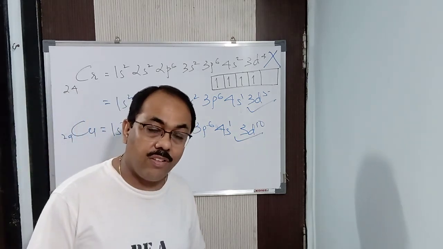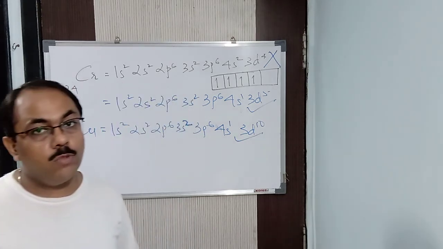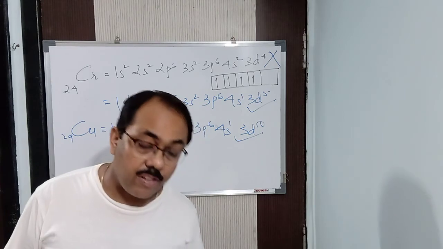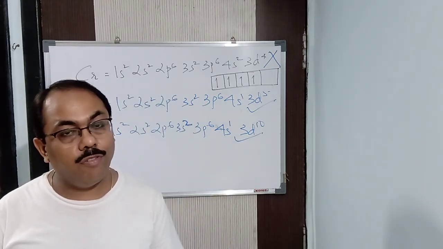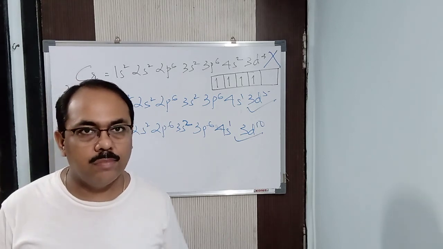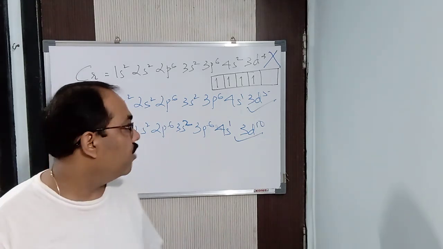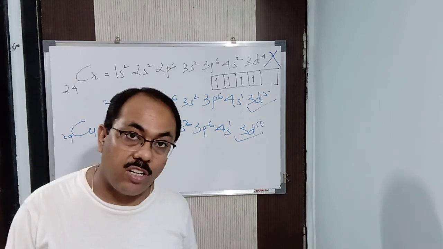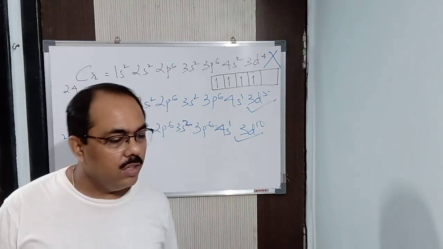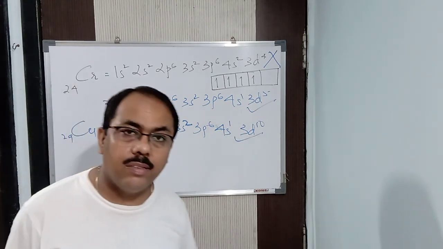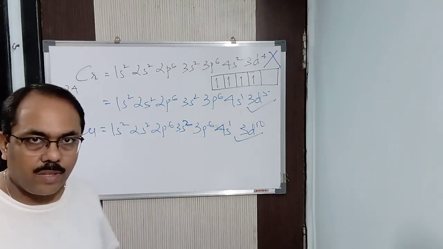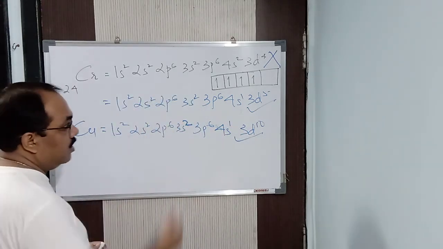So there are several such elements. When you write the electronic configuration, you need to see that the outermost subshell should not have 1 electron less for being half filled or fully filled. If it is 2 electrons less, no problem. But for D and F subshell, it should not have 1 electron less for being half filled or fully filled. Then it will borrow an electron from the penultimate subshell and become stable. Got it now? This is how Hund's rule of maximum multiplicity plays a role here.